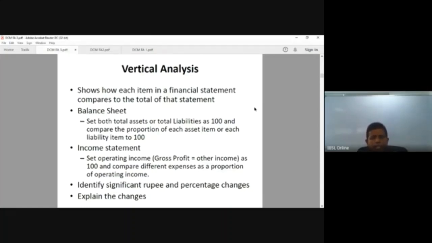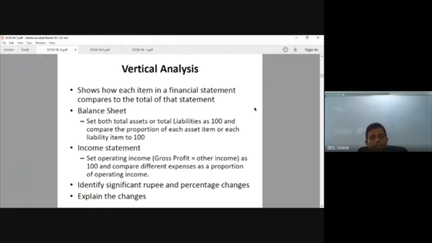Right. Vertical analysis shows how each item in a financial statement compares to the total of that statement. This is also very simple to understand, but you have to have proper knowledge of this.